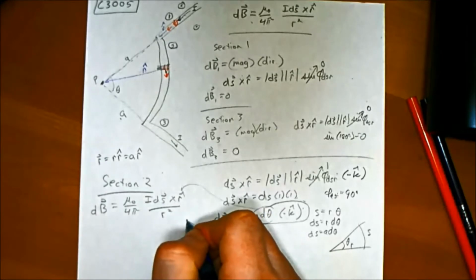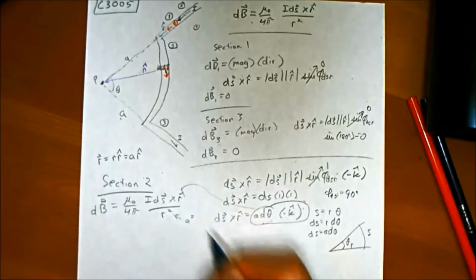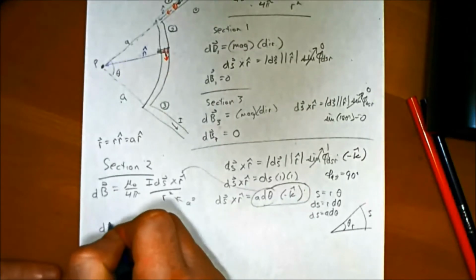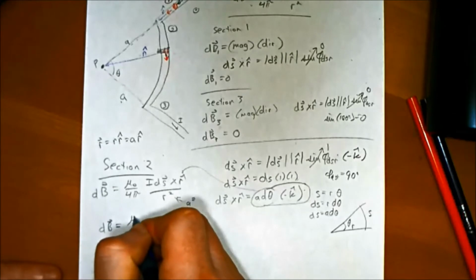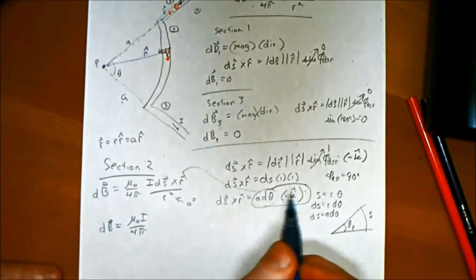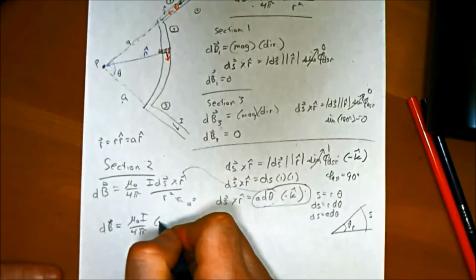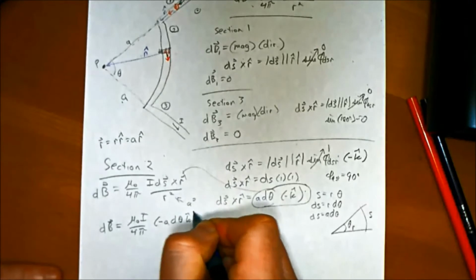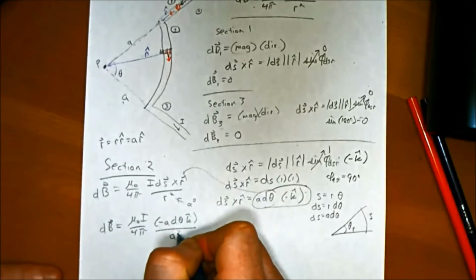And we also have to say that r squared is equal to a squared, and put that in as well. So dB is equal to mu naught I over 4 pi, pull out all the constants, times negative a d theta k hat over a squared.